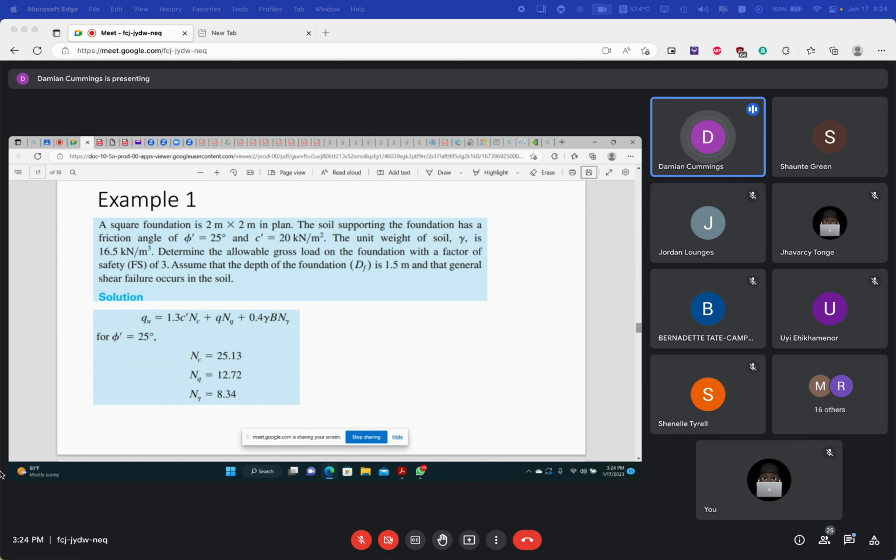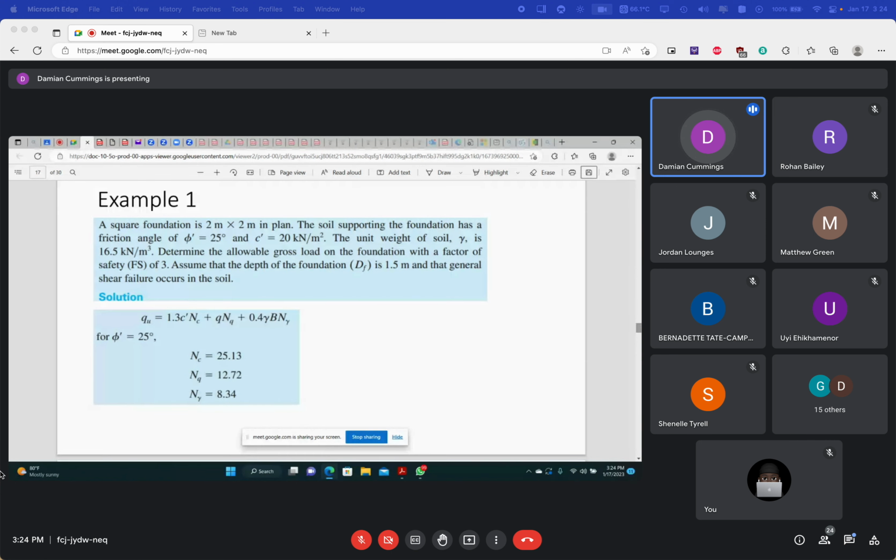All right, so a square foundation is 2 meters by 2 meters in plan. The soil supporting the foundation has a friction angle of phi equal to 25 degrees, and c prime equals 20 kilonewtons per meter squared.